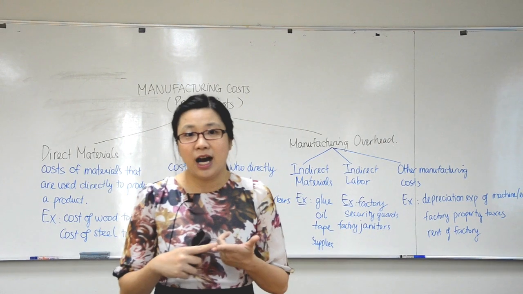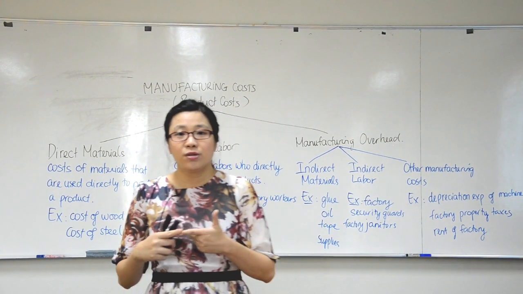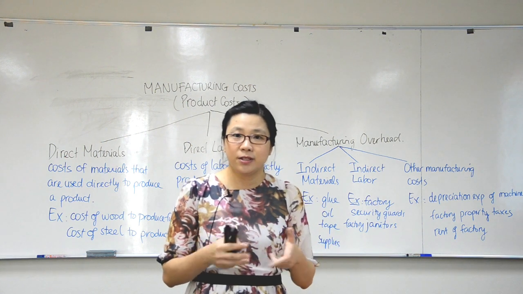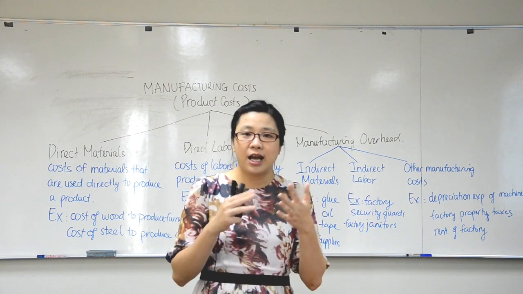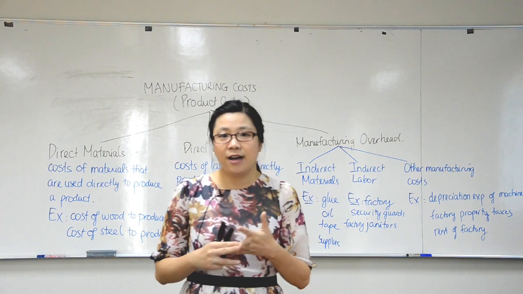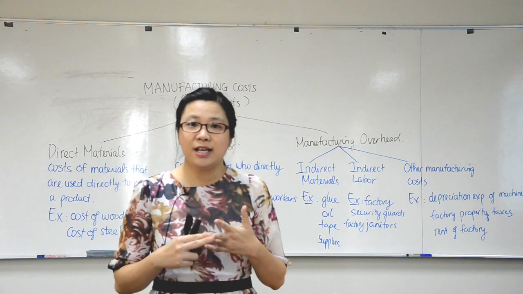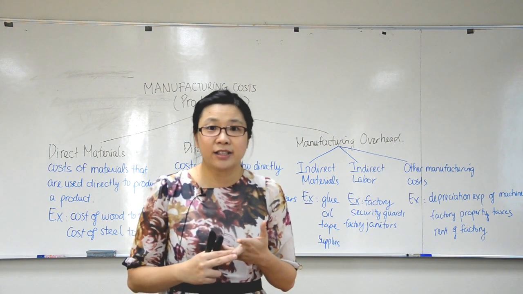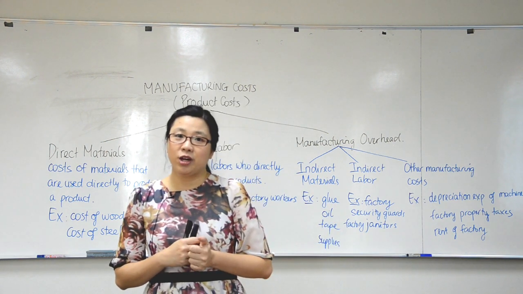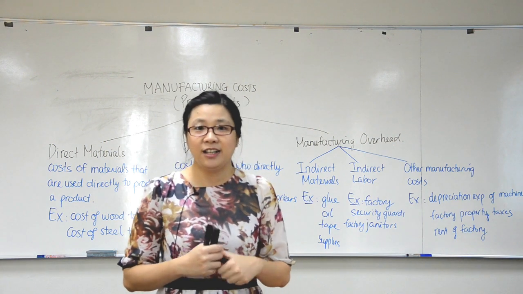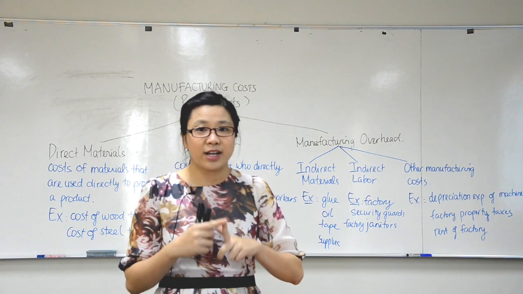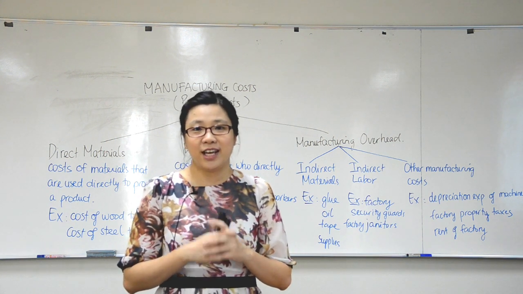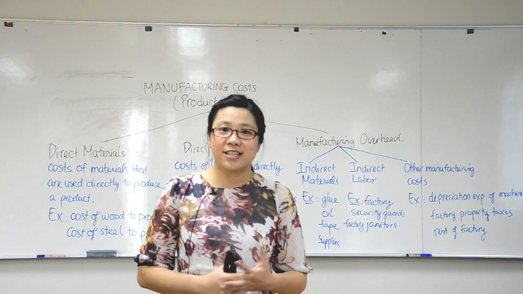Direct labor are the labor costs that we use to pay the wages to those who directly make the product. And the last type of manufacturing costs we call manufacturing overhead. Remember, under manufacturing overhead, there are three types of costs again: indirect material, indirect labor, and other manufacturing costs. Okay, so let's look at some examples.